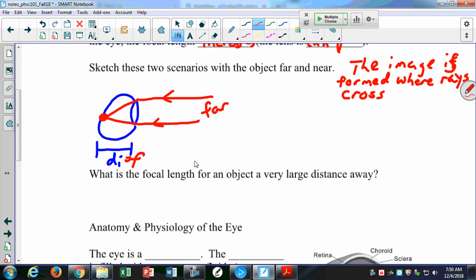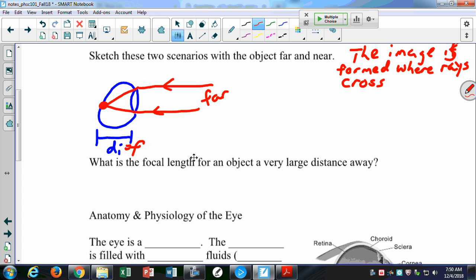Now let's think about that for just a second. If I have my image distance equal to my focal length, let's write our lens equation. 1 over DI plus 1 over DO is equal to 1 over F. Let's replace DI with F and solve for DO. And then we'll find something that we already know.